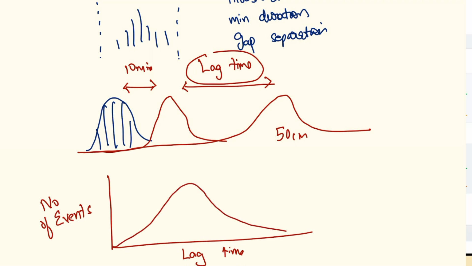So we get some curve like this, the cumulative distribution function, and at the 95th percentile you can define something called L max. You can also add some safety buffer, like 1 hour or something like that.